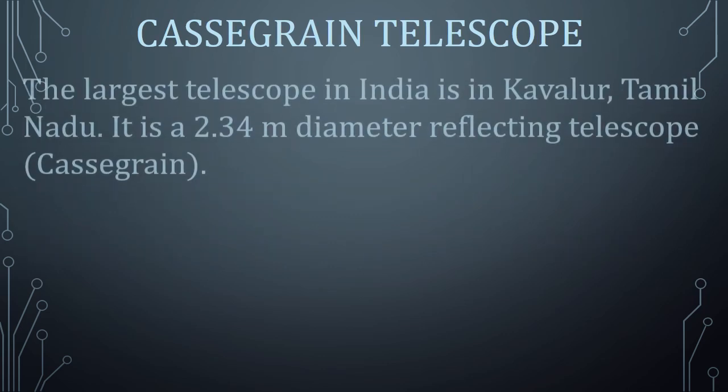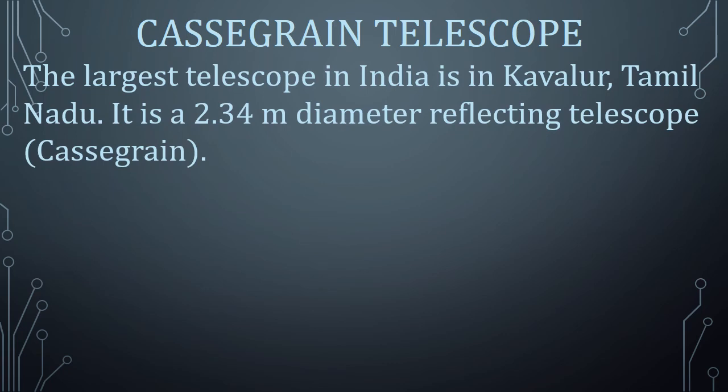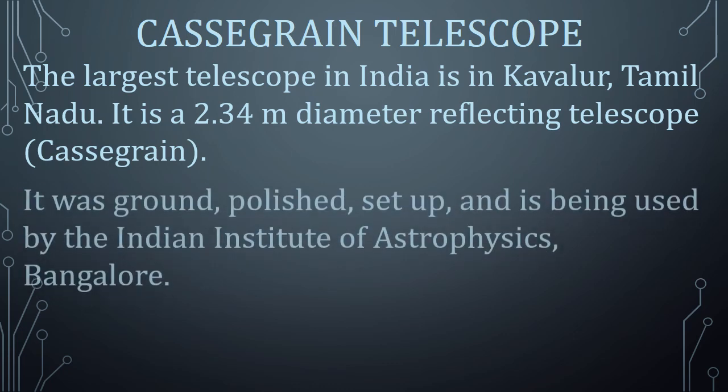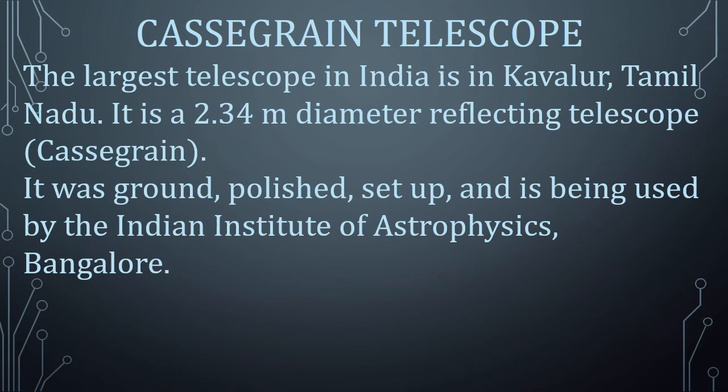The largest telescope in India is in Kavalur, Tamil Nadu. It is a 2.34 meter diameter reflecting Cassegrain telescope. It was ground, polished, set up and is being used by the Indian Institute of Astrophysics, Bangalore.